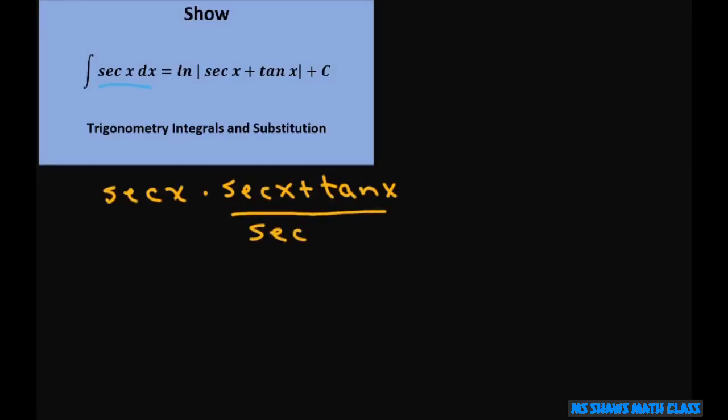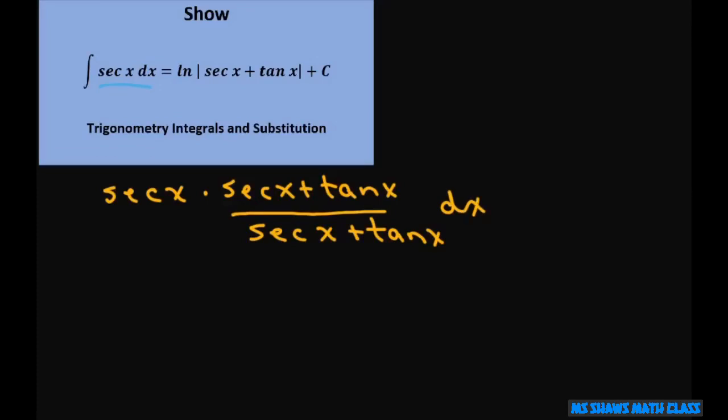multiply secant x times secant x plus tan x divided by secant x plus tan x. So that equals 1. And then you still have your dx.